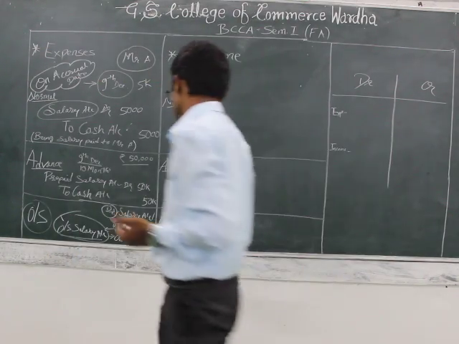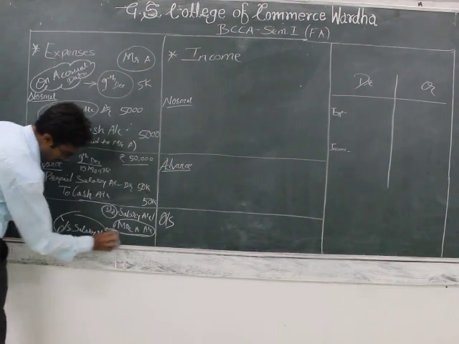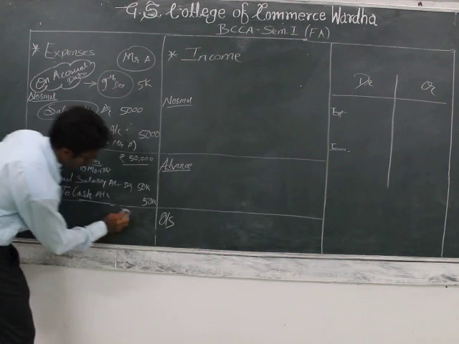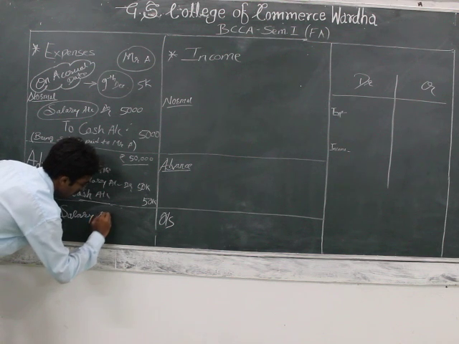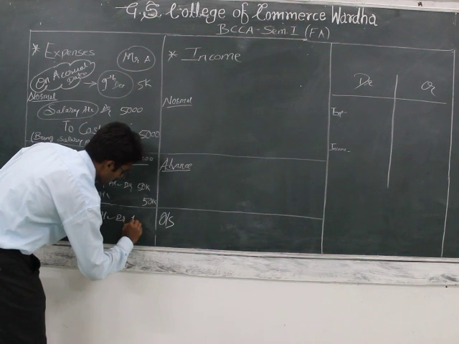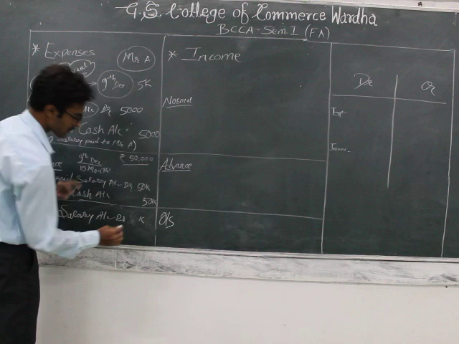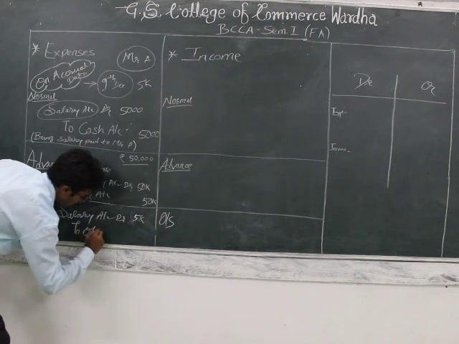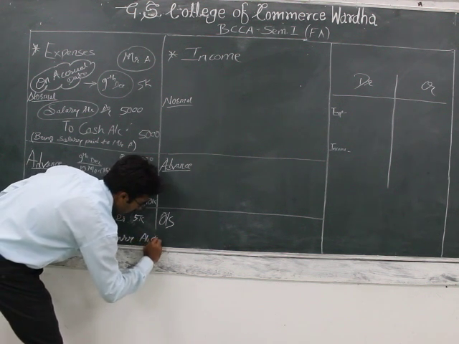Entry will be salary account debit to outstanding salary account. How can we write this? We can write it like: salary account debited, let's say, hypothetically 10,000. No, our monthly salary is 5,000, so 5,000 to outstanding salary account, 5K.